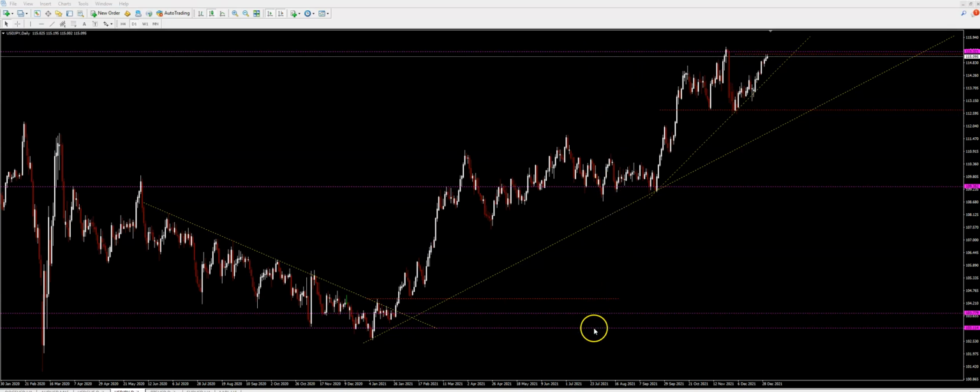These purple lines represent areas where price went to and either continued up or continued down. In this case, since it's an uptrend going from left to right up, the purple lines represent the areas where price started to go up, came down, and then continued up.